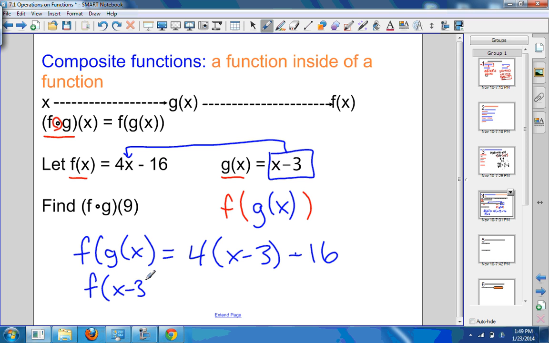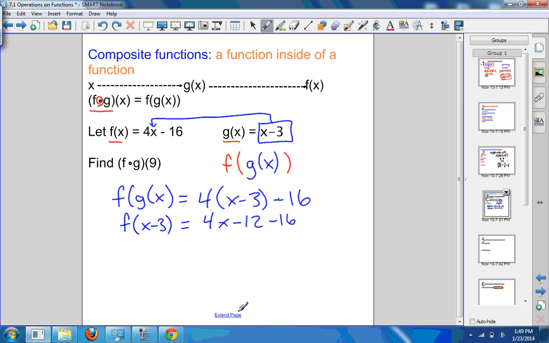So to simplify this down, I could distribute my 4 here, and I get 4x minus 12 minus 16, which simplifies down to 4x minus 28. Alright, so this is my f of g of x.